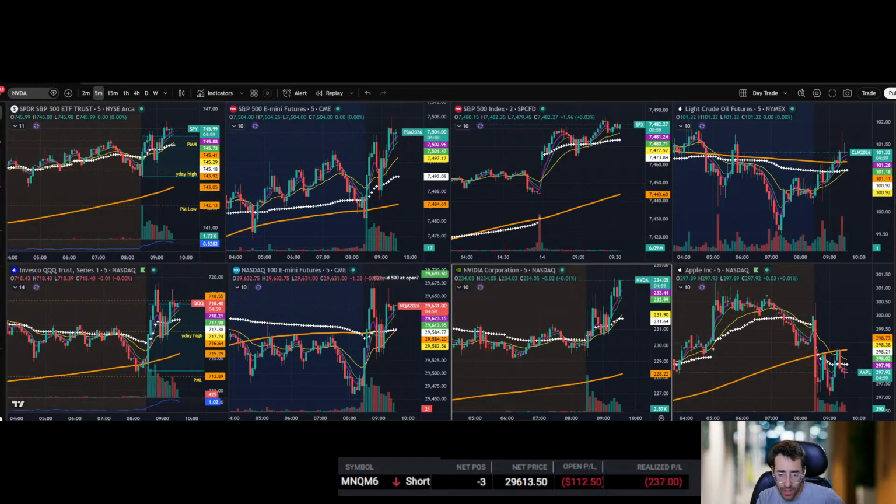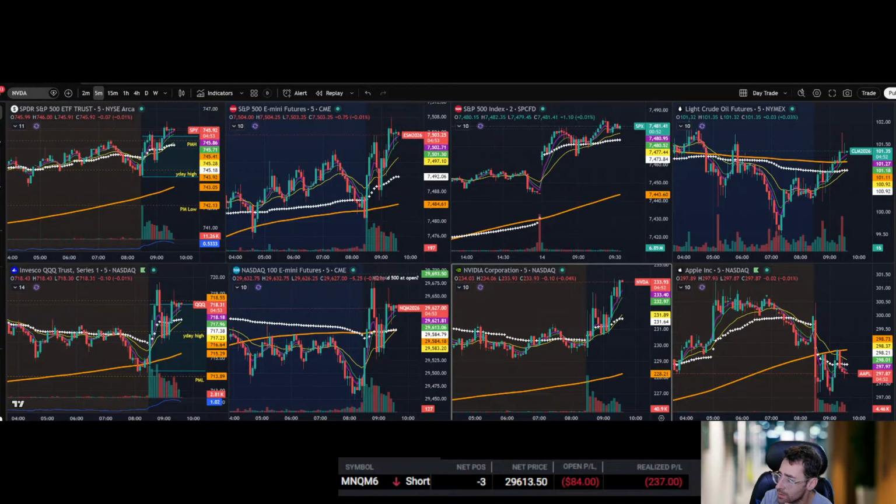This price action is just not it for me. If we can reject here, fine. If not, it's going to go the other way.